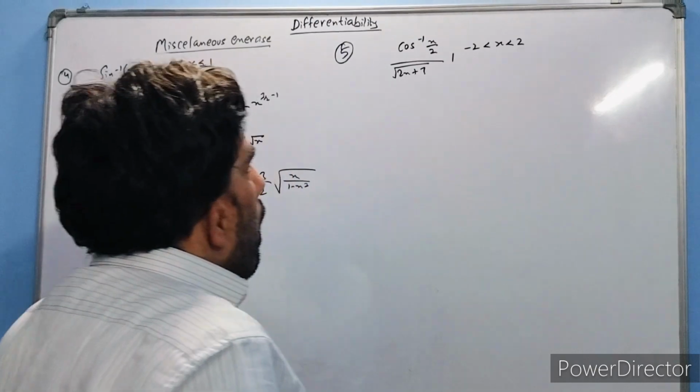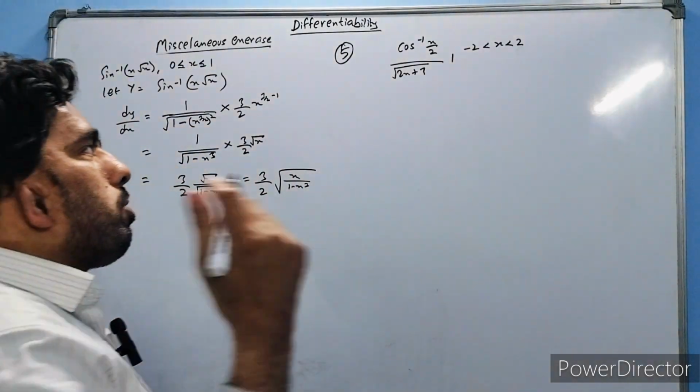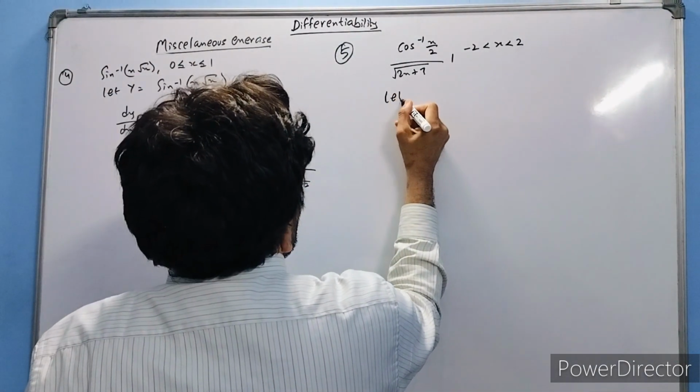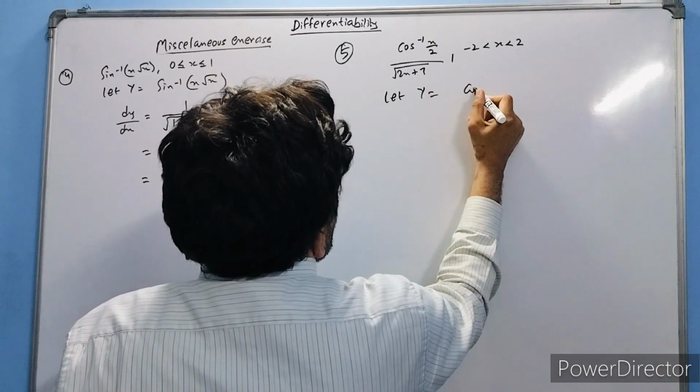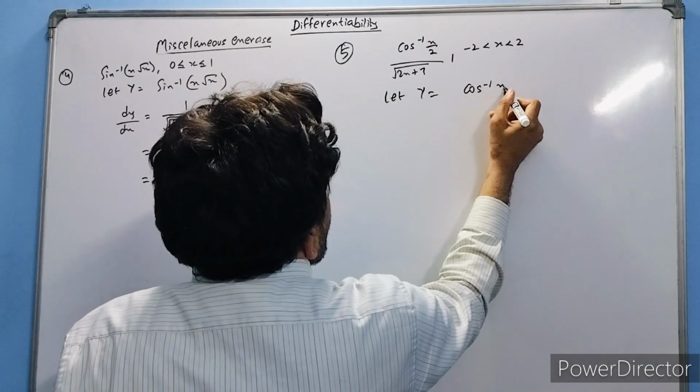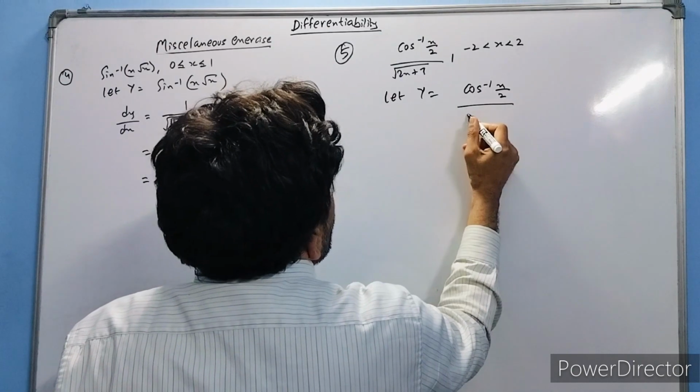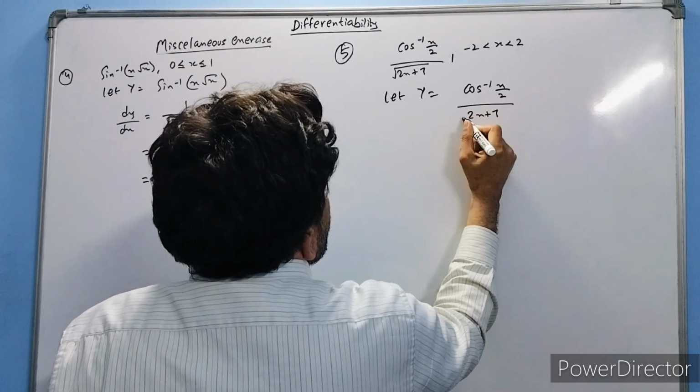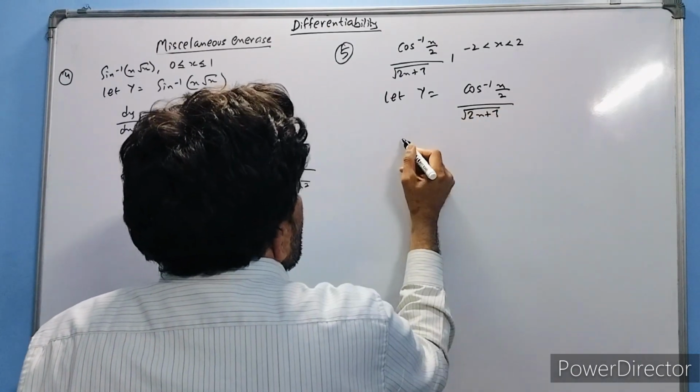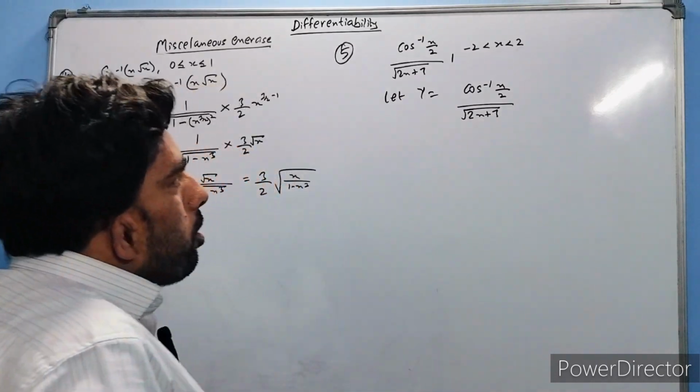Now let us see how this complex question will be solved. First step is, let y is equal to cos inverse x upon 2 upon under root 2x plus 7. Now we'll try to differentiate it.